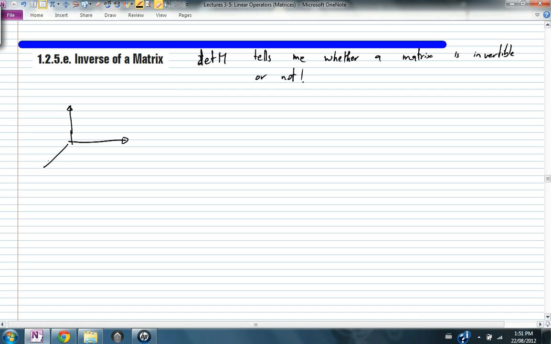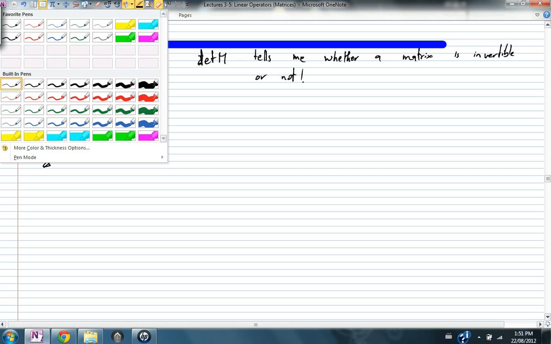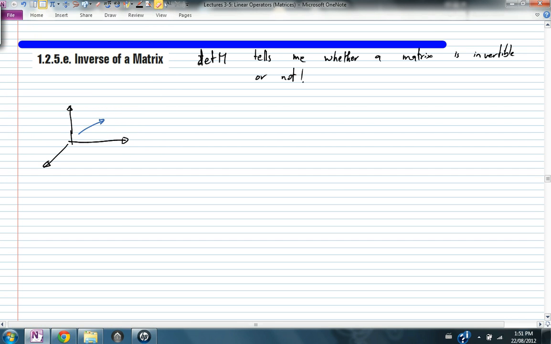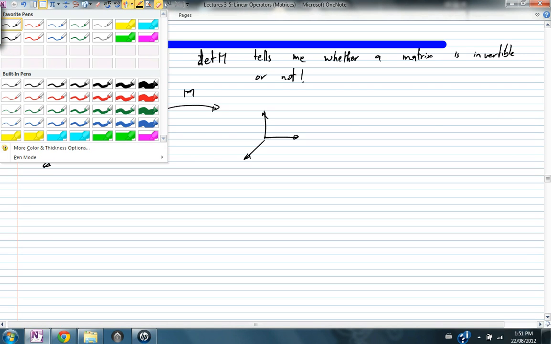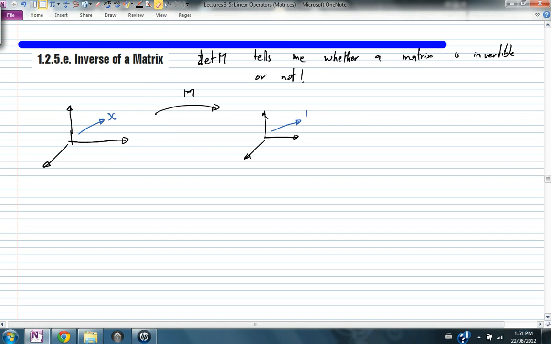It means if I have a vector x, then the matrix M will give me a new vector Mx, and then if M is invertible, there is a matrix M minus 1 which, when multiplied by M, will bring me back to x.